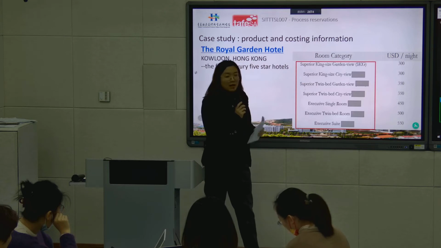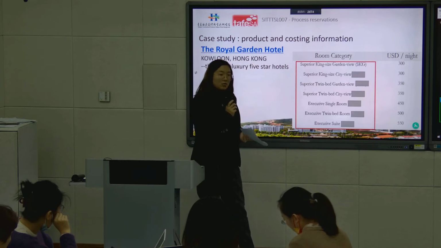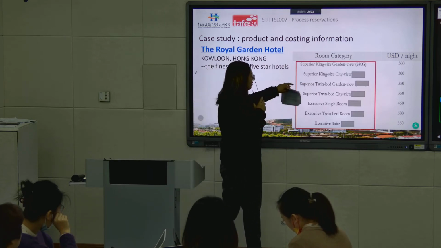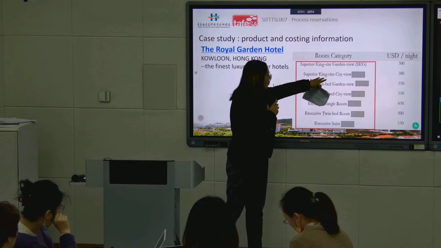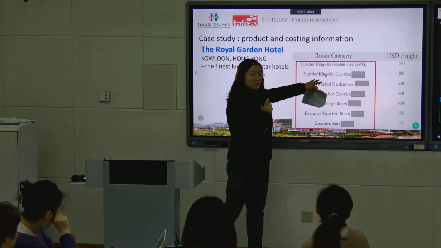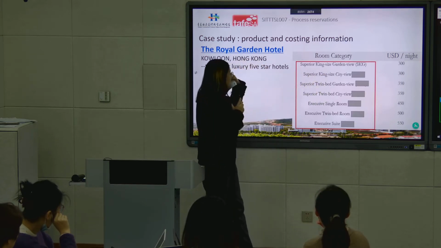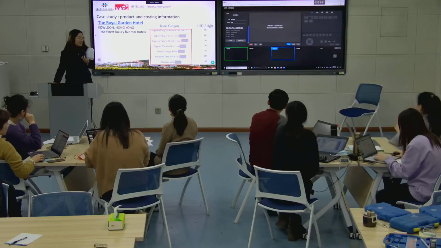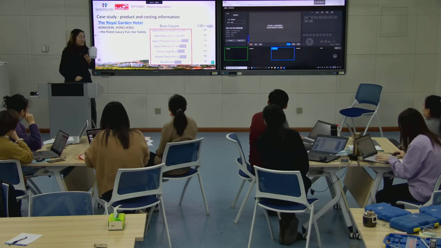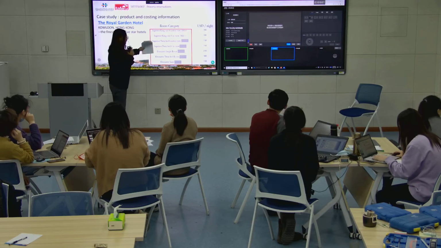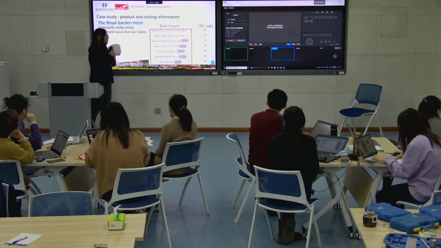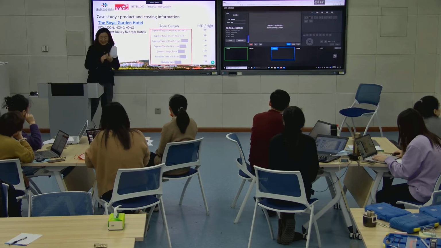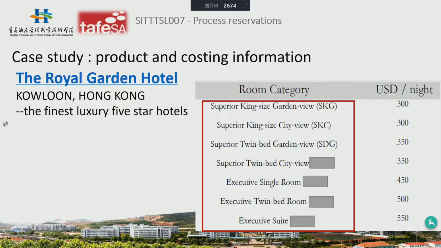And maybe sometimes we don't have obvious rules. So can you guess the code of this one? SKC. Yeah, good. Excellent. STC, right? And the next one? STG. SDG. So why?